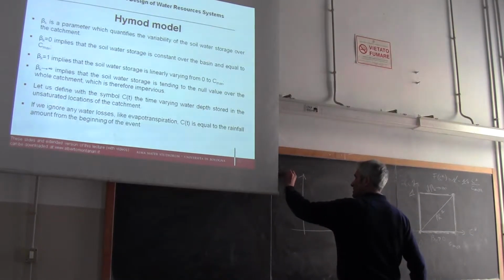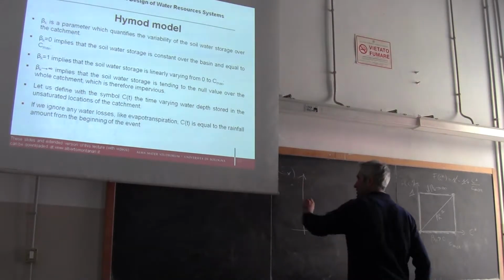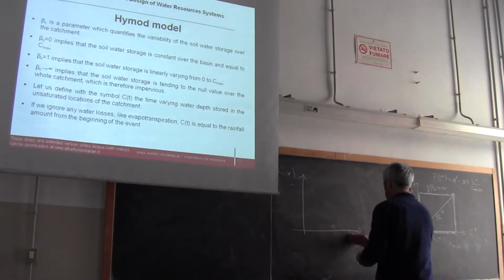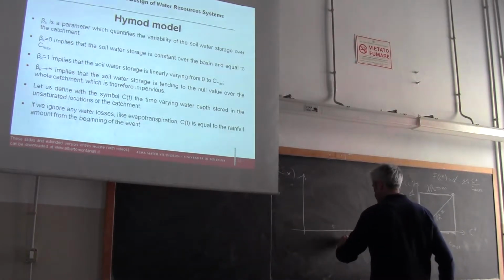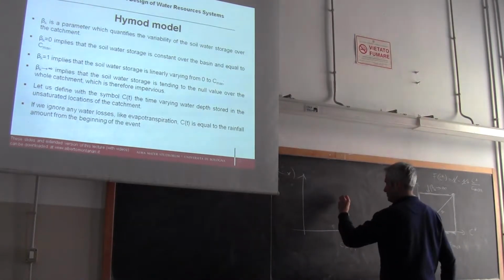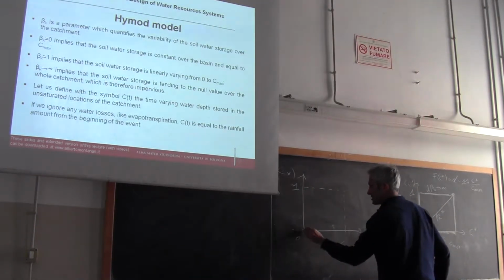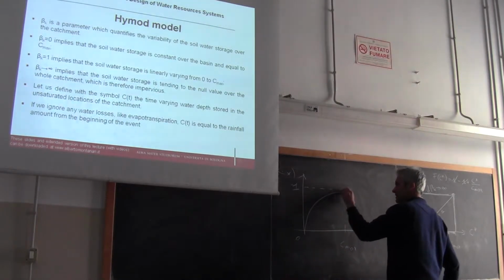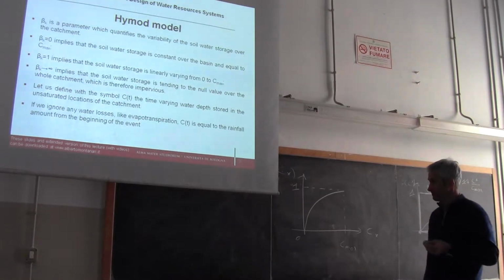So this is C star, and this is F of C star, and this is C star. And this is Cmax. And this is 1, and this is 0. So let's assume that our shape is something like this, which means that beta k is higher than 1, lower than infinity.